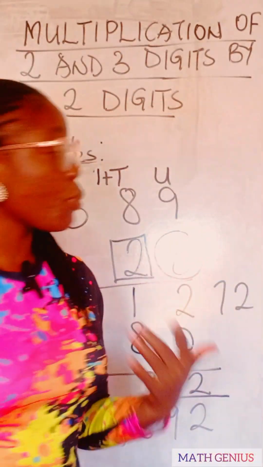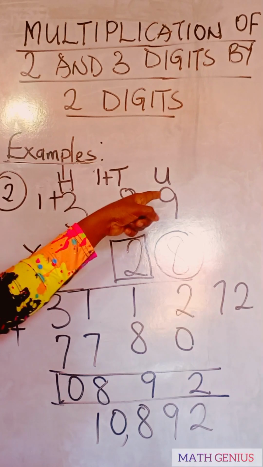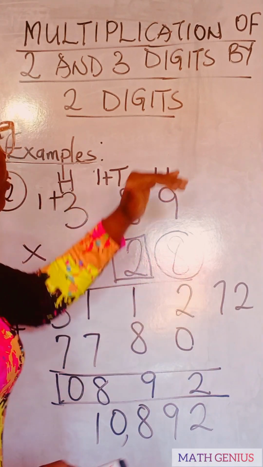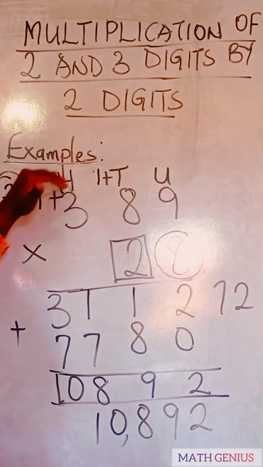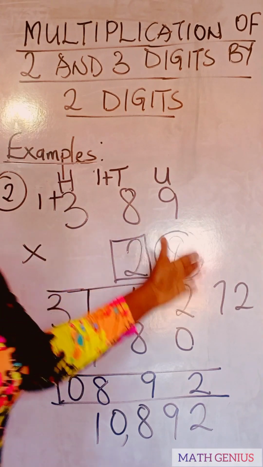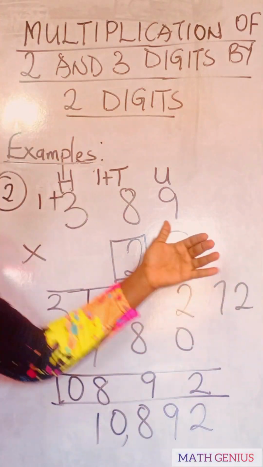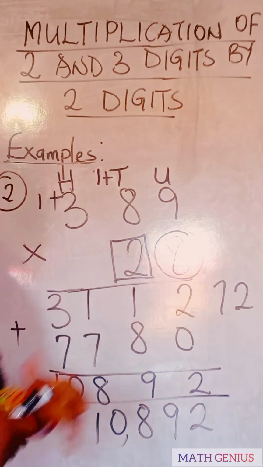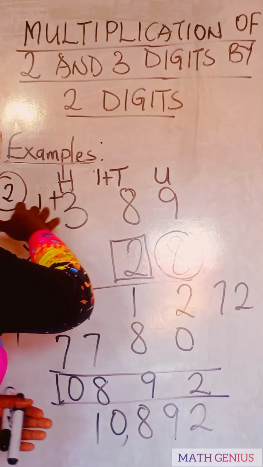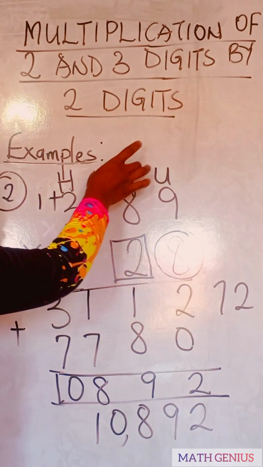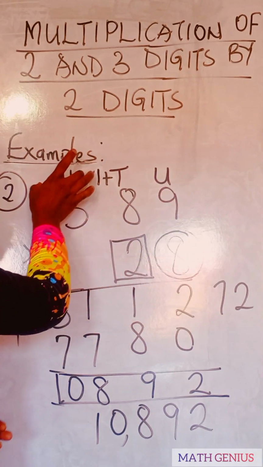I recap by summarizing: when you are multiplying 3 digits by 2 digits, having arranged your place value, you begin your multiplication from the unit side. You take the unit digit, which is 8, and use that digit to multiply everything upward: unit times unit, unit times tens, unit times 100.